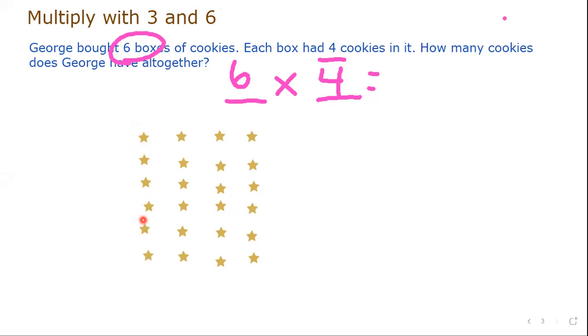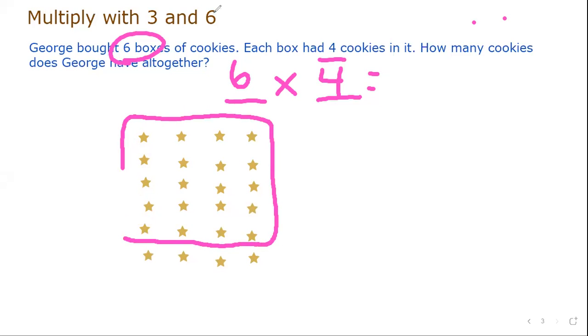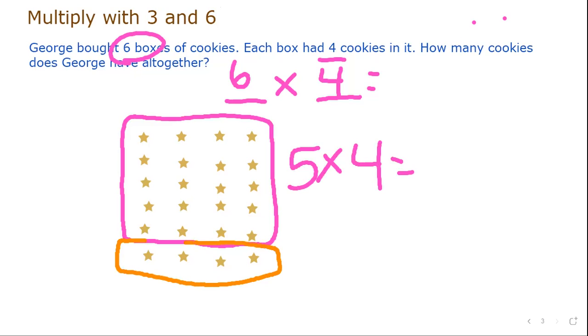So what I can do is I can take and I can break this up, these 5, make this one group of an array, which would be 1, 2, 3, 4, 5 rows times 4 in each row. And then I can take my next one, the bottom row, this one down here, and it'll be 1 row times 4 in each row.